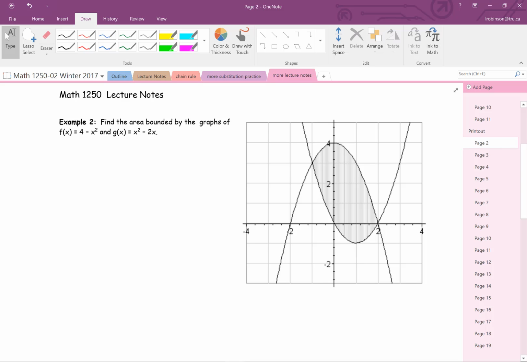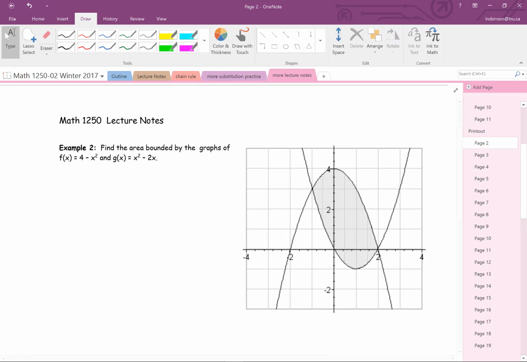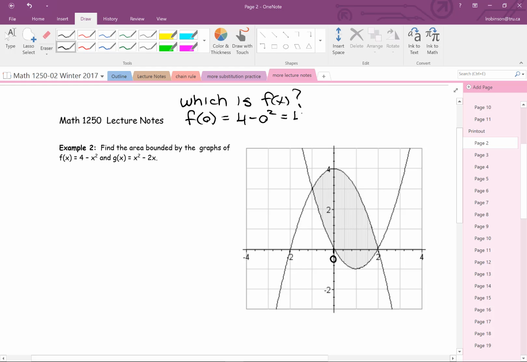Now you might not be sure which function is which. So you could substitute x equals 0, and f of 0 is going to equal 4 minus 0 squared, which equals 4. So this one must be f right here.